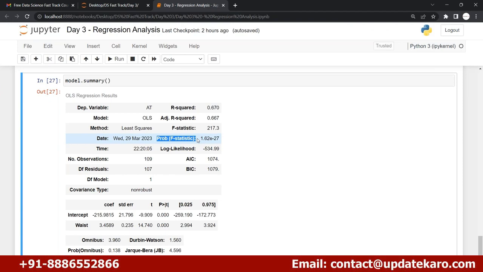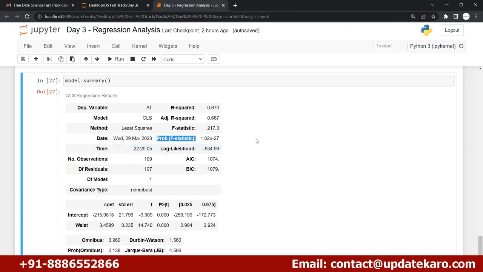The p value is the point from where you can decide whether your model is significant or not. You can use any p value, but most of the time we use a p value of 0.05.